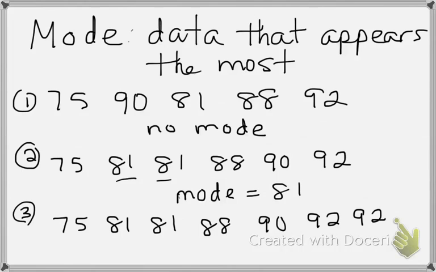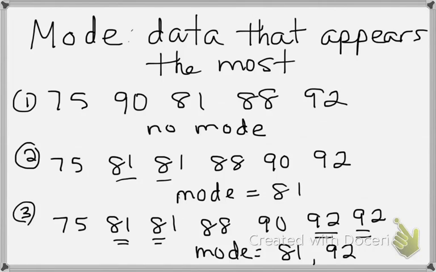We have a tie score for first place. 81 appears twice, and so does 92. So you would write down the mode equals both numbers, 81 and 92. Okay, you can have 2 modes, and sometimes you can have 3 modes or 4 modes. It all depends how big your data is. But right now, you can have 2 modes as part of the problem.